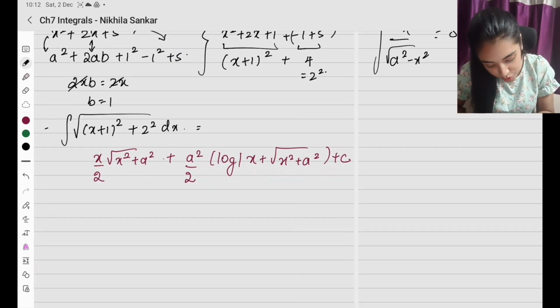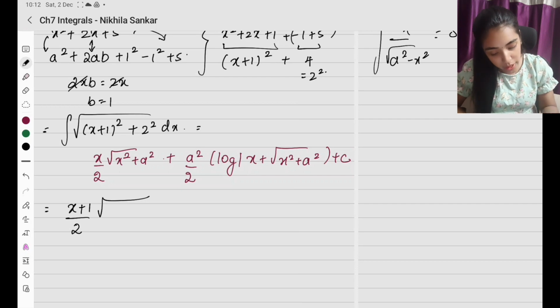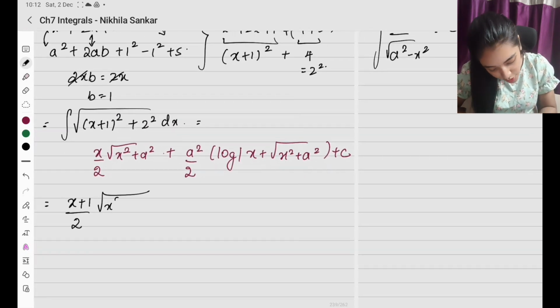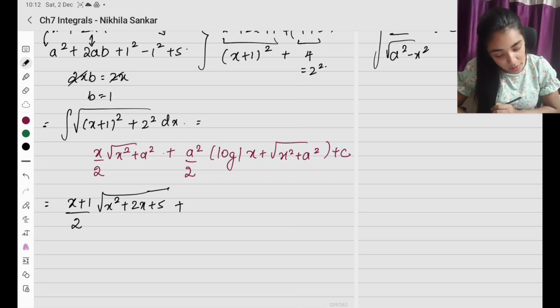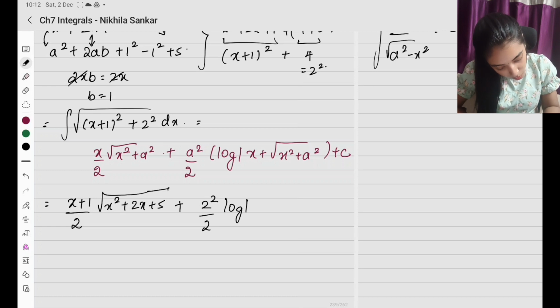So this is what it's going to look like. So our answer is going to be x by 2, which in our case is x plus 1 by 2, square root of x square plus a square, which is the question itself. So it is x square plus 2x plus 5, plus a square divided by 2. A is 2. So 2 square divided by 2 log mod x, which is x plus 1, plus square root of the question x square plus 2x plus 5, plus c.